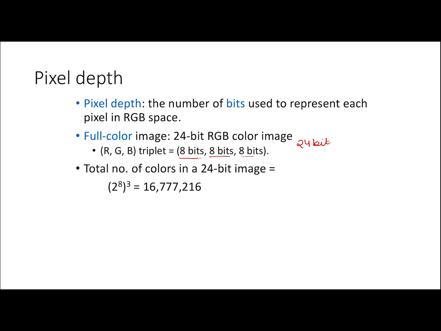So the total number of colors that can be generated is 2 raised to power 24, and you can imagine that this is a huge number of colors which can be generated if we assign 8 bits to each of the color components, that is R, G and B.